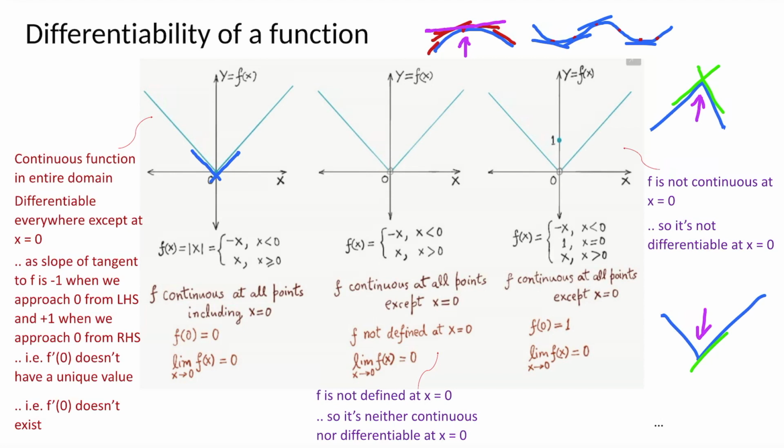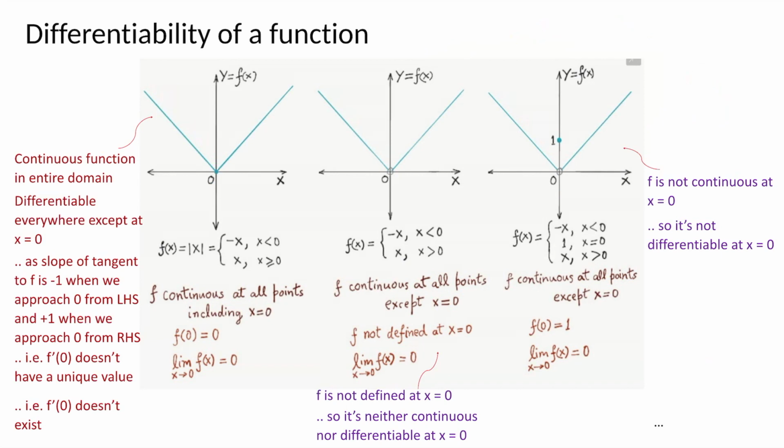So what we say in these two cases is that there is no unique slope at those points of sharp bends, and therefore there is no unique derivative, and the derivative does not exist at these points, which means that these functions are not differentiable at these points. So that's what we mean by differentiability.